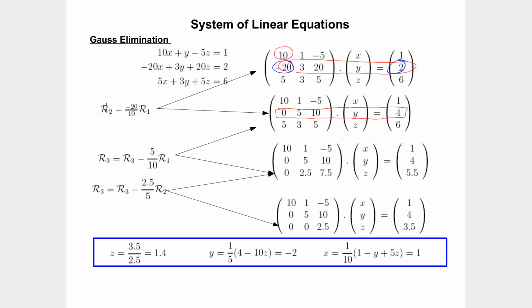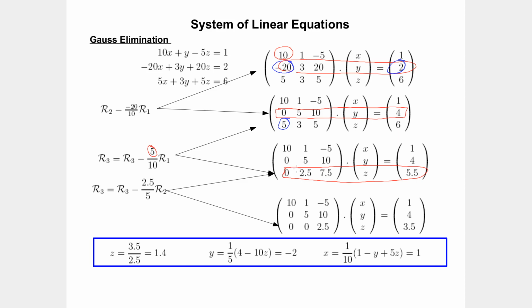So remember how we are starting: we start with row 2, and then we go to row 3. For row 3, we have to make this element 0. Again the same thing: we take row 3 minus this first element, which we want to make 0, divided by the diagonal element 10, and that modifies this entire row.